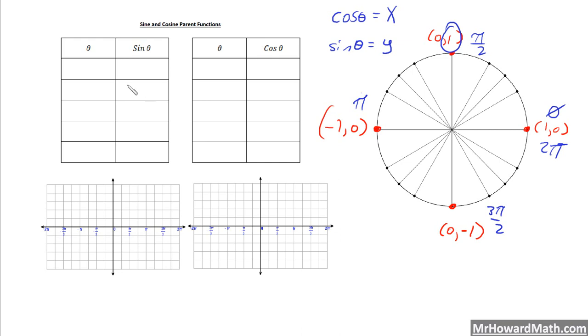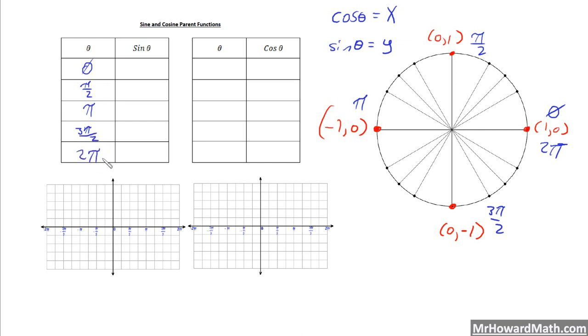Now that we have that established, we can start filling out our table. And like I said, we'll use the quadrantals. So we're going to be using these blue measures for the angles. So we start with a theta value of 0, and then we go up to pi over 2 radians, and then over to pi radians, and then to 3 pi over 2 radians, and then 2 pi radians.